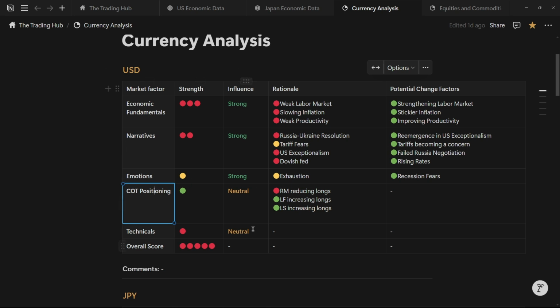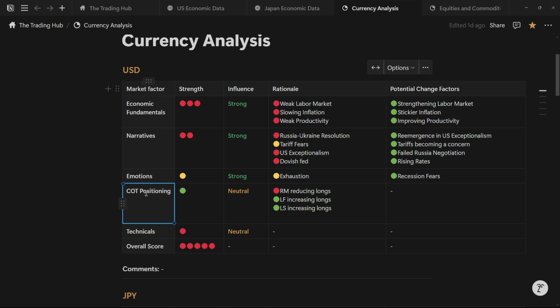And that's why the influence here is neutral. But the commitment of traders report usually gives you a general idea of how institutional money is positioning and what big players in the markets are doing. So that's why I have COT positioning here, but it is not a factor that necessarily influences price. So this is how I track, and this is how I generate trade ideas.